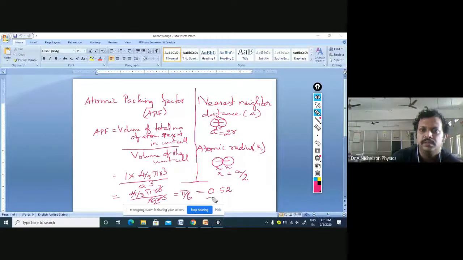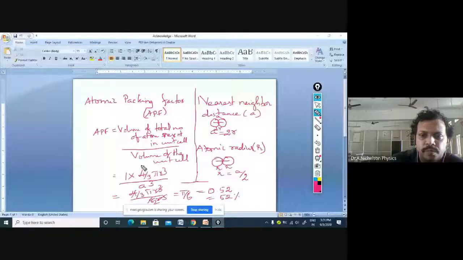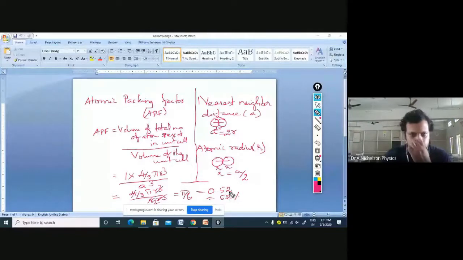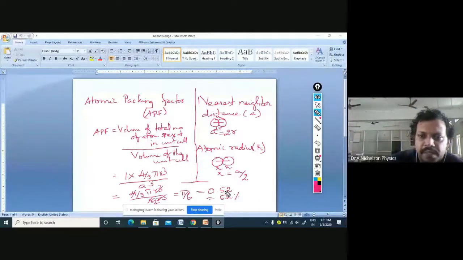So for a simple cubic crystal structure, 52% of the crystal structure is occupied by atoms, and the remaining 48% remains free.